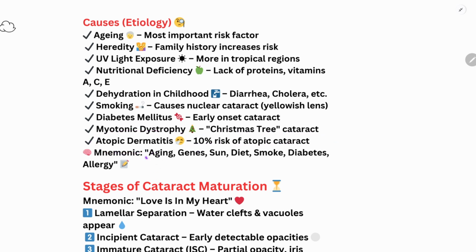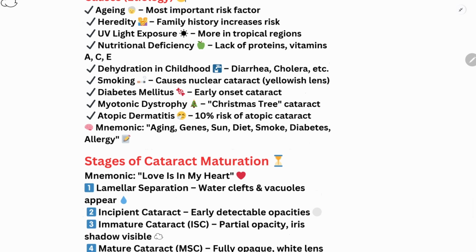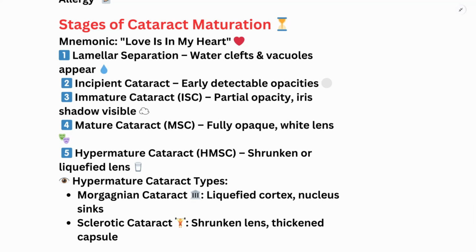The mnemonic is aging, genes, sun, diet, smoke, diabetes, and allergy. These are the etiological features or causes that you must remember regarding acquired or senile cataract.